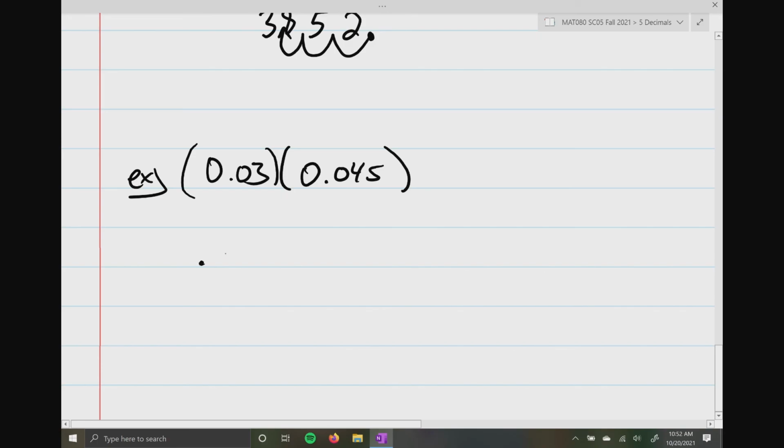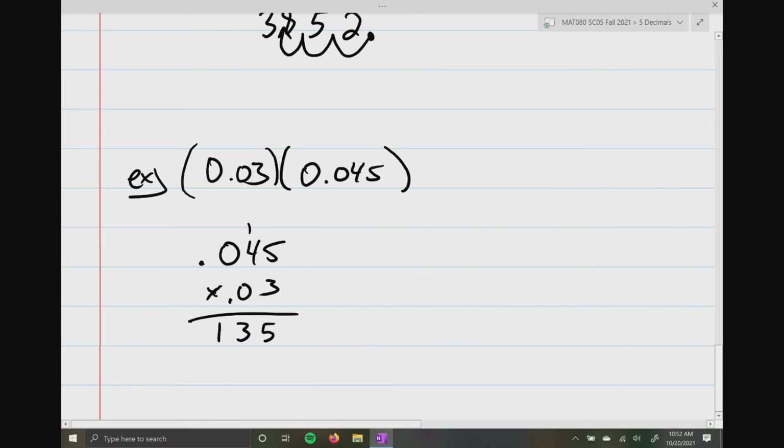So what I'm going to do is put 0.45 up top, 0.03 down below, and I'm just going to multiply. 3 times 5 is 15. Carry the 1. 3 times 4 is 12. Plus 1 more is 13. Now, I don't have to worry about multiplying by 0 because 0 times anything is 0. So step 1 is done.